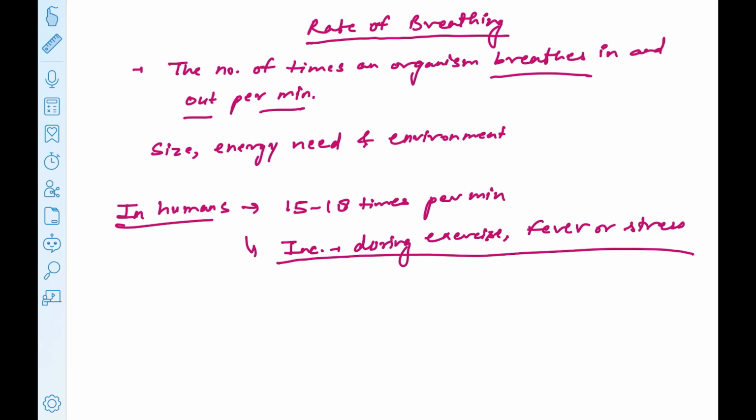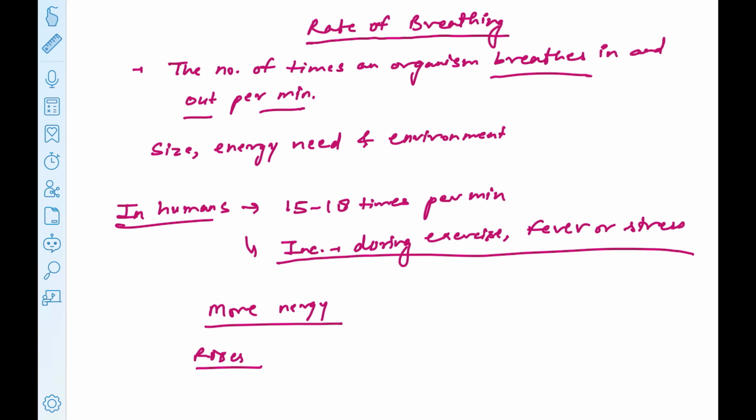And we know during exercise, muscles work harder and need more energy. So to produce this extra energy, cells do more respiration, and this requires more oxygen and produces more carbon dioxide. Okay? And during fever, body temperature rises.